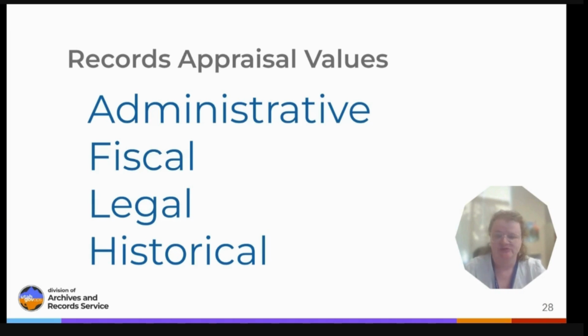And they can be historically valuable if they contain information that documents the history of government or the community. Records with historical value become part of the historical record of the state after their administrative, fiscal, or legal purposes have been served.